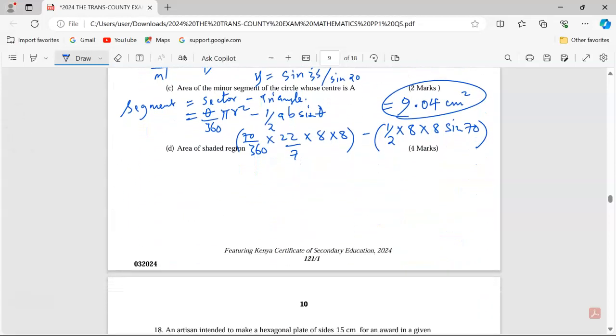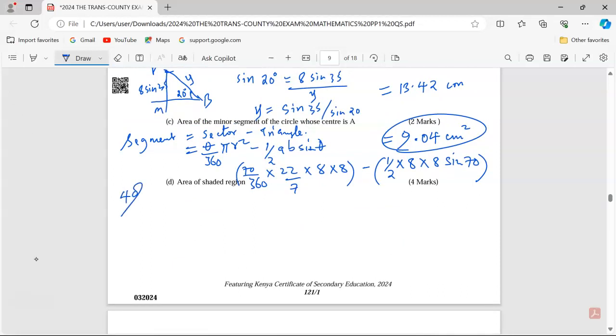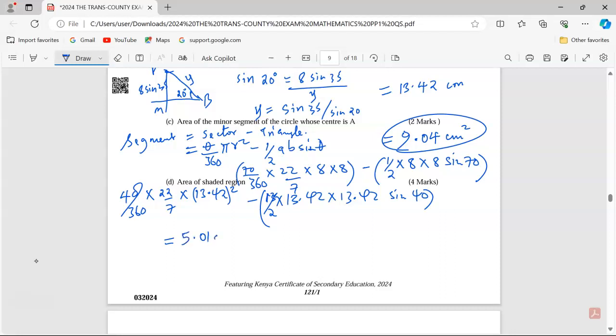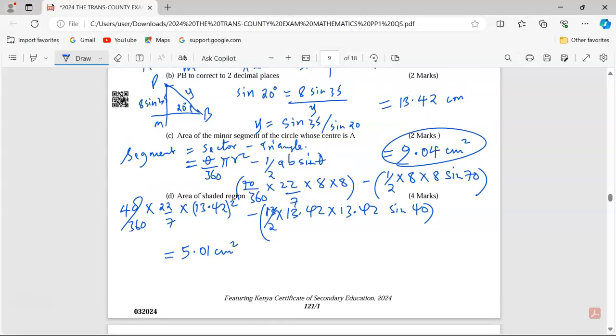So I'll be taking theta, which is 40 over 360 pi r, with 13.42 calculated up there, squared. Then I subtract the triangle, which is half times 13.42 times 13.42 times sine of the angle between them, which is 40. When I compute this, I'm going to get exactly 5.01 square centimeters.